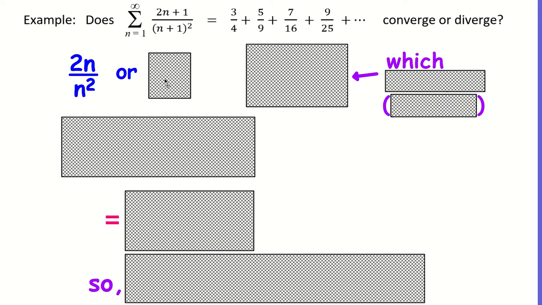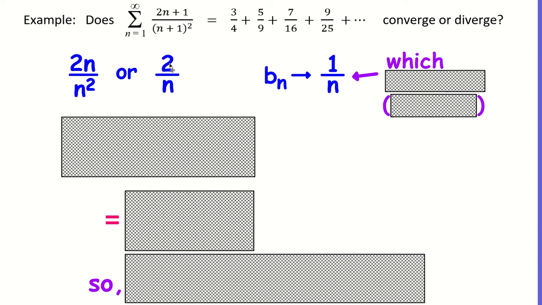Similarly to the direct comparison test, you're going to chop away at this and find, you know what, we could chop off the plus 1 and all this down here, and just chop off some of the other terms. Anyway, it's n squared. Or, this technically simplifies to 2 over n. So we can compare this to this, and I'm thinking this is a p-series that diverges.